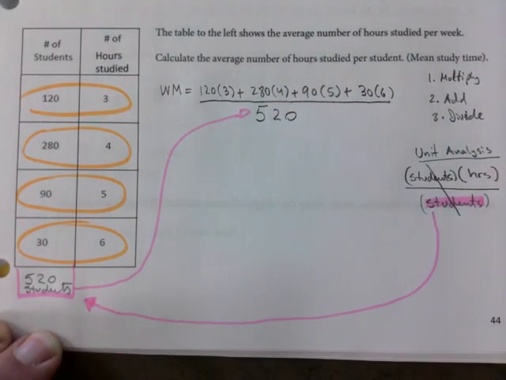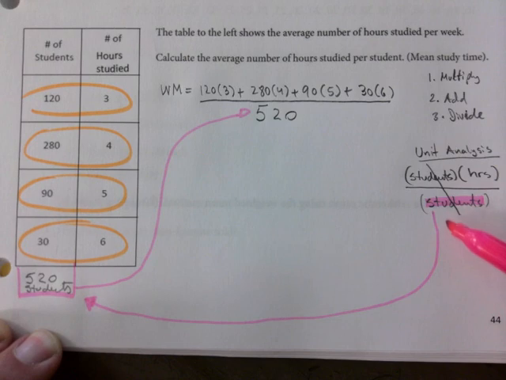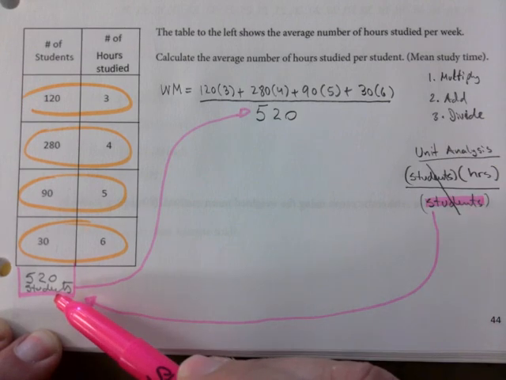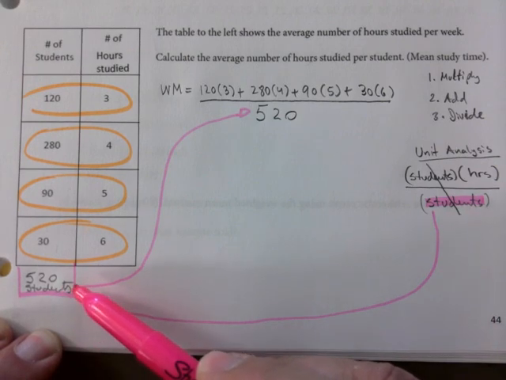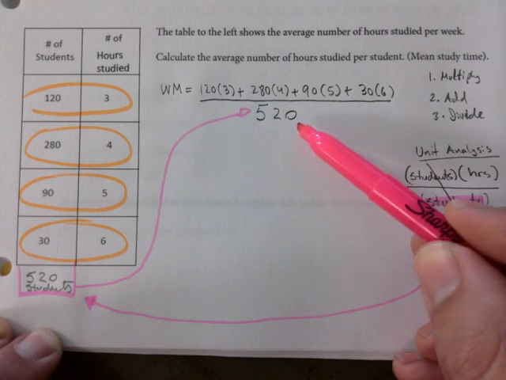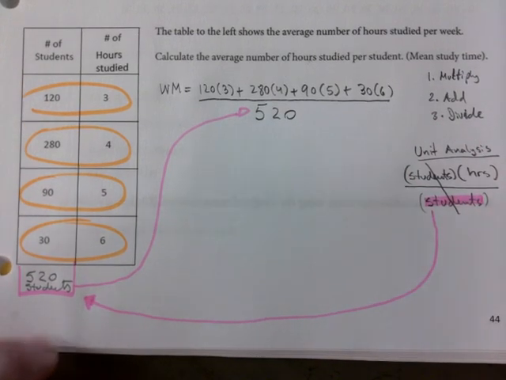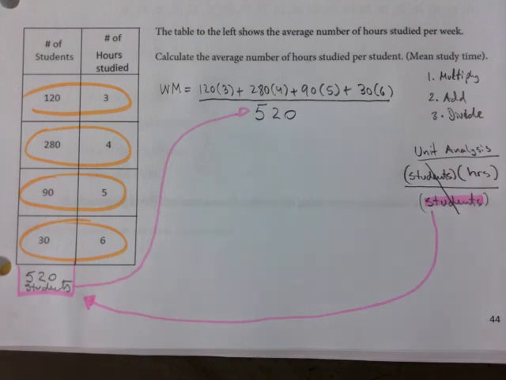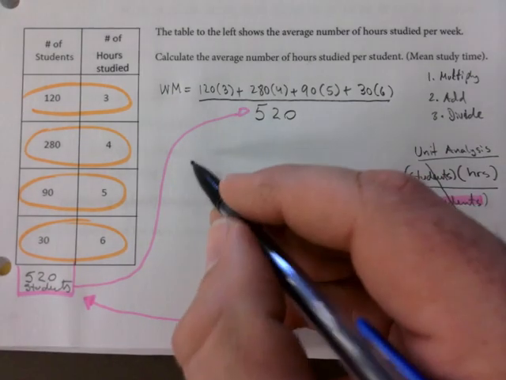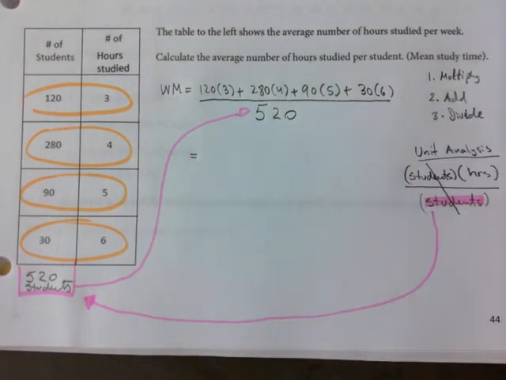Look at all that, right? But this told us that we needed to figure out the total number of students, which then tells us to put that here. And you can't undo it because you used highlighter. So maybe white out. That's about it. And so let's grab your calculator.